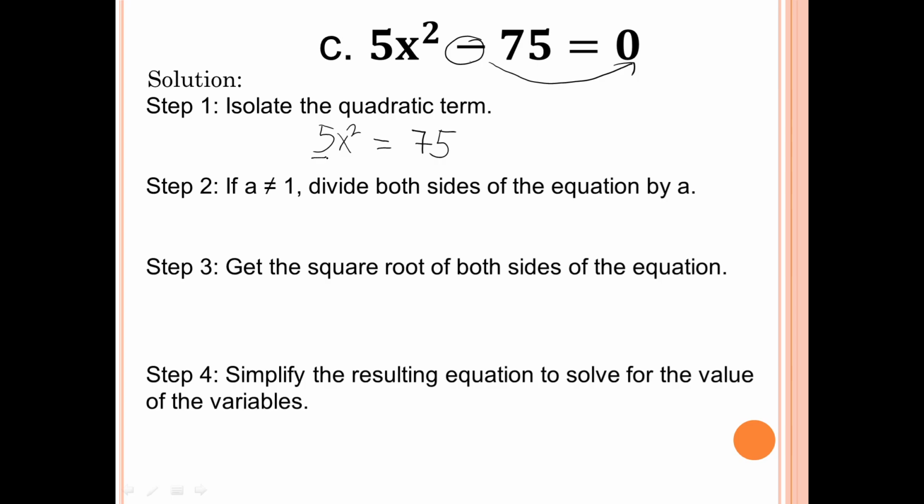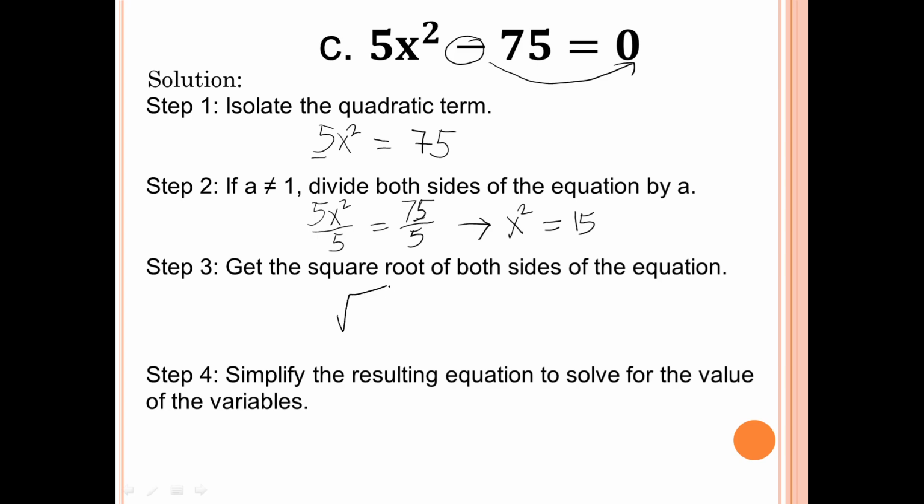Next, divide natin both sides by 5 kasi yung a natin is 5. So 5x squared divided by 5 equals 75 divided by 5. So the result is x squared equals 15.